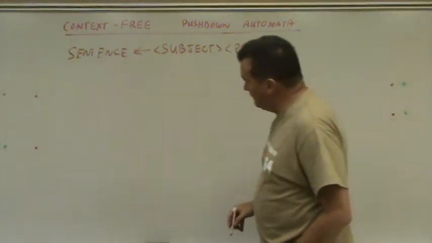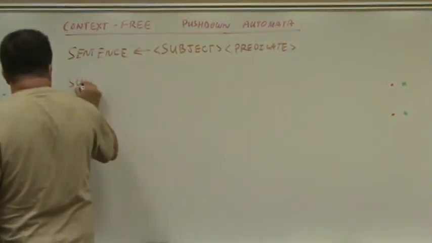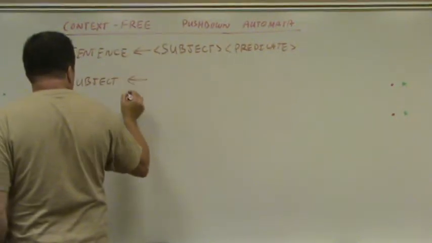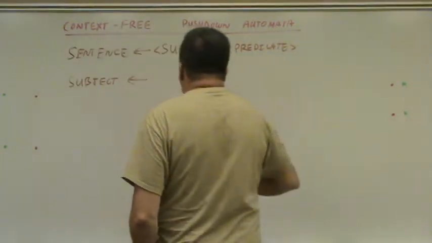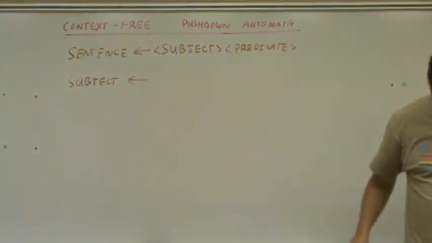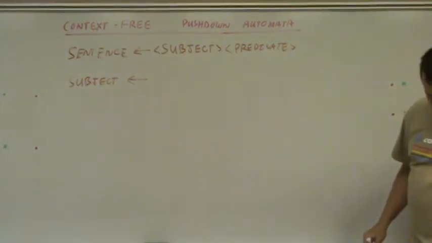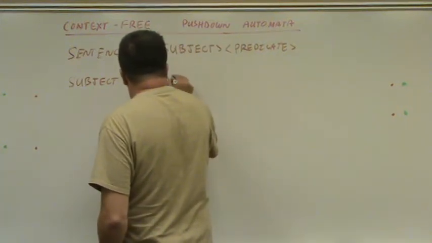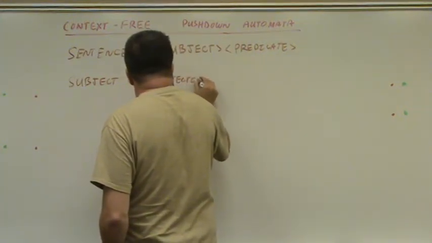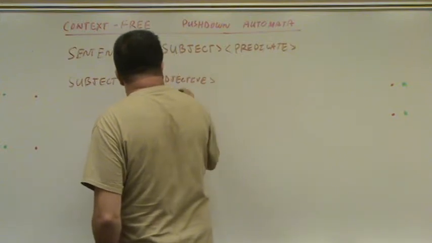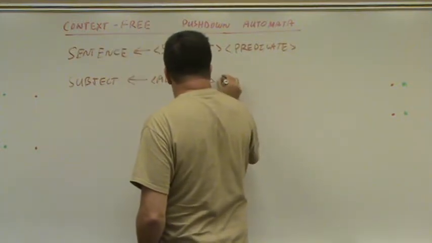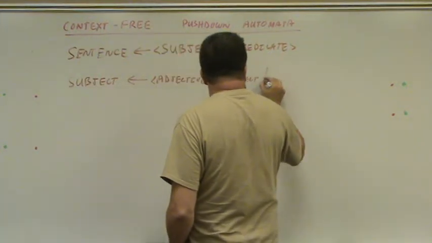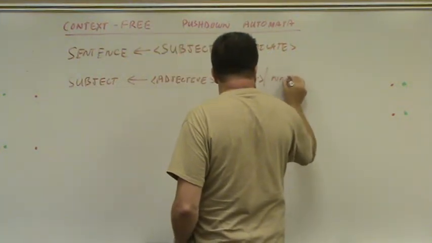So a subject is now made up of, a subject can be a noun, and it could also be a collection of adjectives. So it could be an adjective followed by a subject, or it can be just a noun.